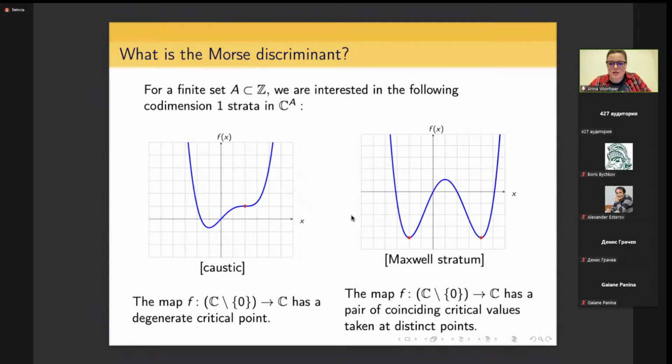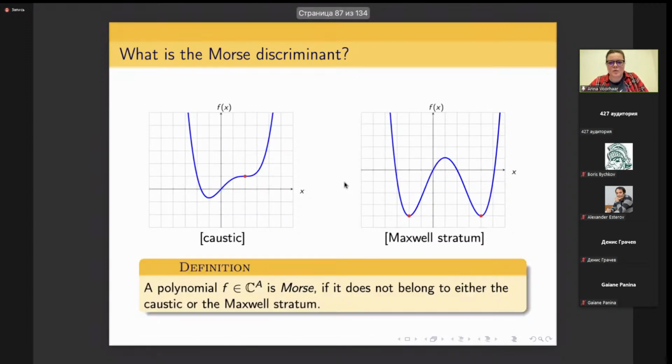This contains the polynomials with support A such that, if you view them as maps, they have a pair of coinciding critical values taken at distinct points, like drawn here. This setting and these pictures were inspired by the case of degree 4 polynomials, and we will discuss that case in more detail.